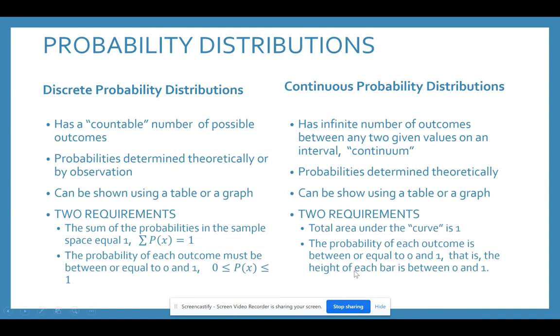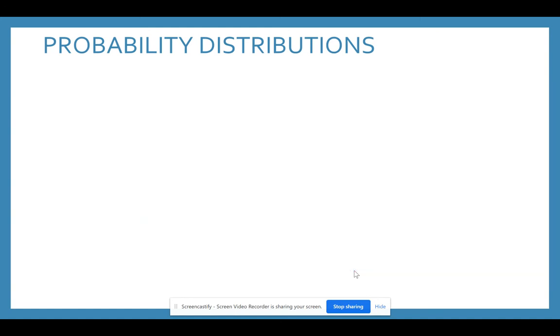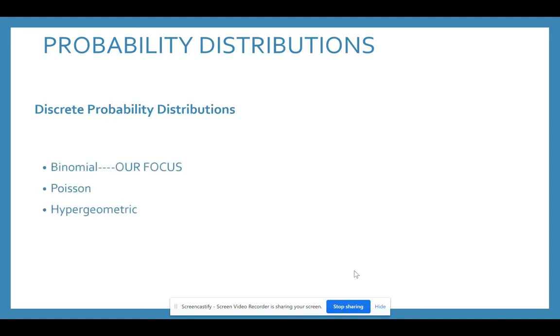Now, there are a number of discrete probability distributions and a number of continuous probability distributions. We're not going to be able to discuss all of them. Some of the more commonly used discrete probability distributions are the binomial, the Poisson, and the hypergeometric. For this course, we're going to focus on the binomial.